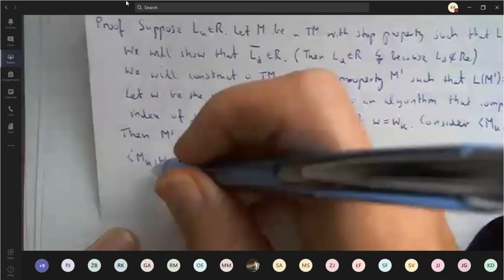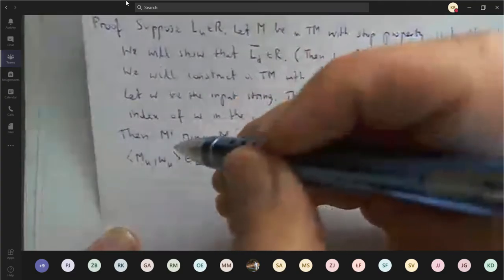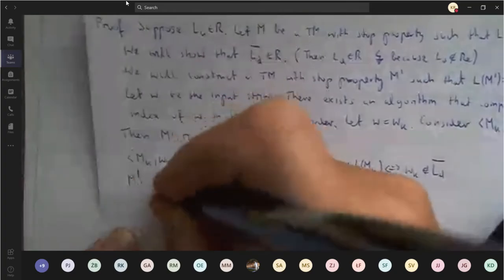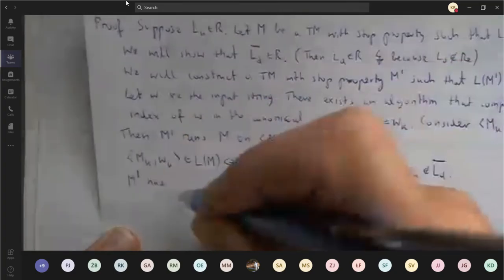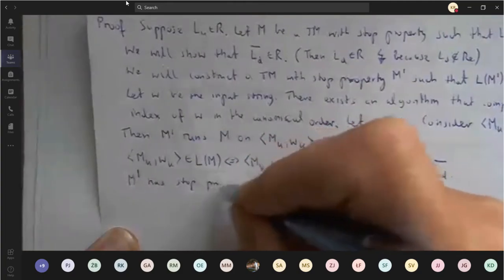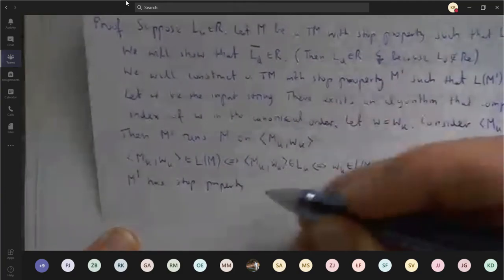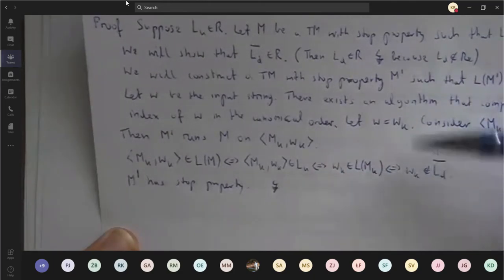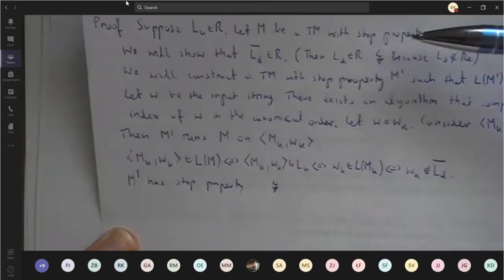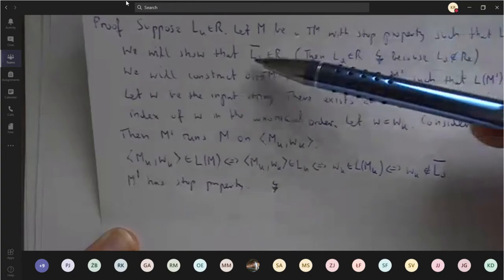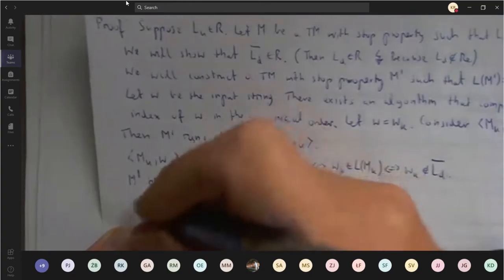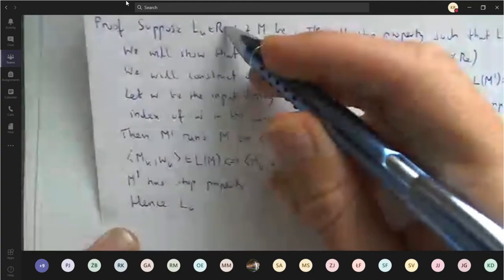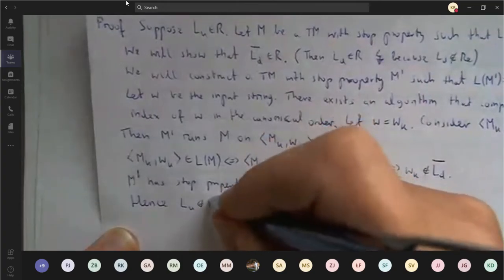So this is a contradiction, because we have constructed an algorithm recognizing the complement of the diagonal language. Hence, we know that this assumption was false, so the universal language is not recursive.